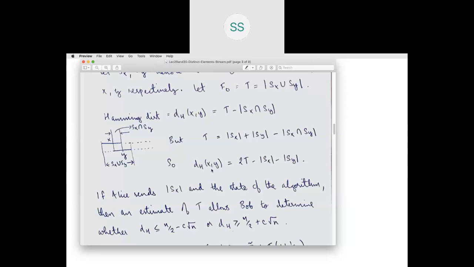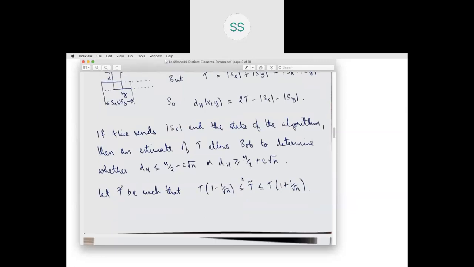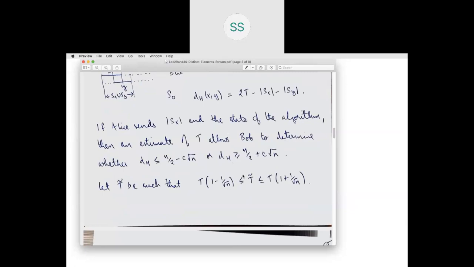Then Bob can say whether he is in the case where the Hamming distance is less than n by 2 minus c square root n, or greater than n by 2 plus c square root n. The first case, the answer is 1. The second case, the answer is 0. So suppose now Bob is able to complete the execution of the algorithm and get an estimated t. The estimate is called t tilde. All that we know is that this is an approximation algorithm.